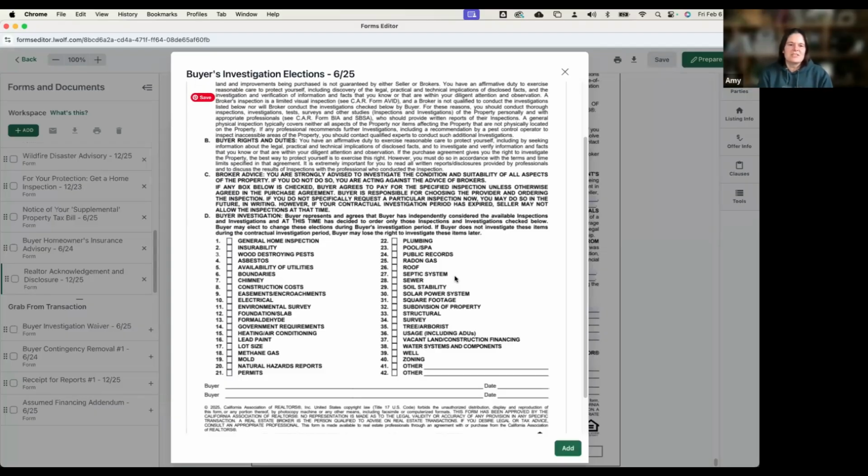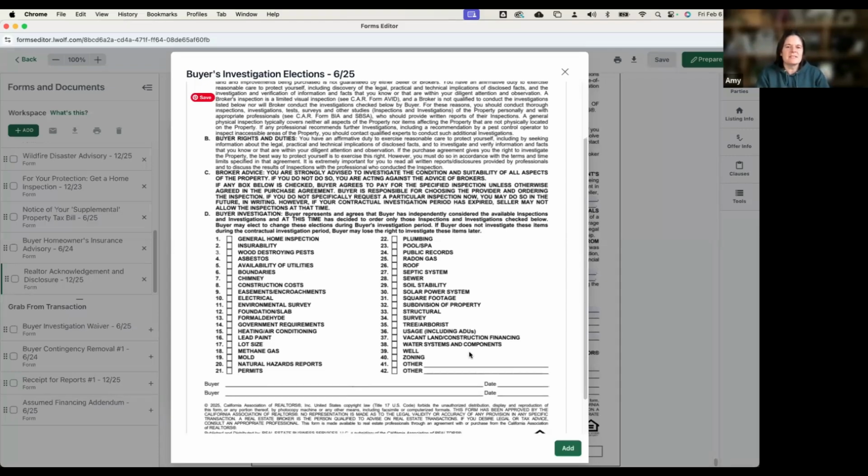Or yeah, I'm interested in checking to see if there's asbestos. Because they check something on here, it doesn't hold them to it. It just gives us our launching pad of a conversation around what separate investigations they're going to have, what might be covered under a home inspection, or what they might see on a preliminary title report from the title company. So it allows us to have those conversations with our buyers.